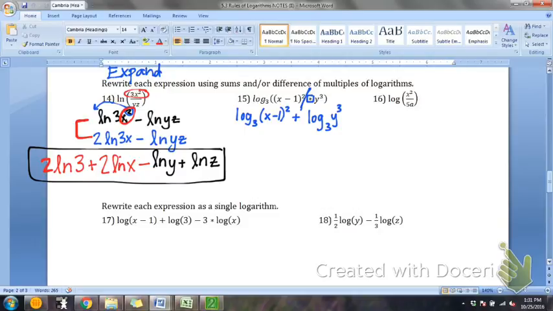So it should have log base 3 of x minus 1 squared plus log base 3 of y cubed. Anyone have questions on that first step there?